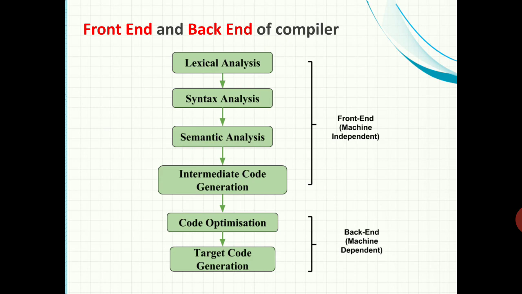Now we are going to see the need for intermediate code generation. If we generate machine code directly from a source code, then for n target machines, we will need n optimizers and n code generators. We are going to create a compiler for a particular machine and a particular language.